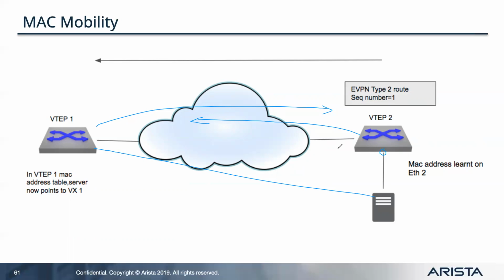This is unnecessary. You are continuously sending a lot of EVPN route updates, and that can create a big problem in the network. So what we do is we have a feature. As soon as there is a MAC flap and a threshold is crossed, I don't exactly remember what it is, we put that MAC address in a blacklist.